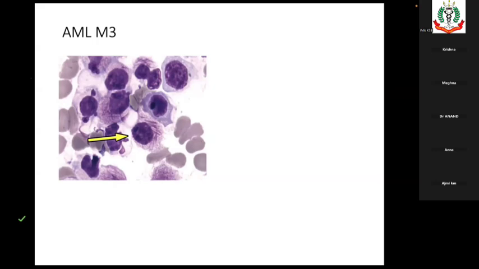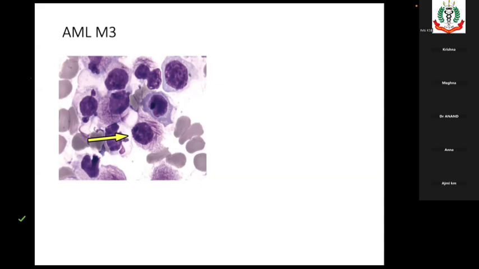If the platelet is reduced, total count is high, and there are 20% blasts, and they have given the history of hepatosplenomegaly with lymphadenopathy, or sometimes they may not give lymphadenopathy, that is going to be acute leukemia.